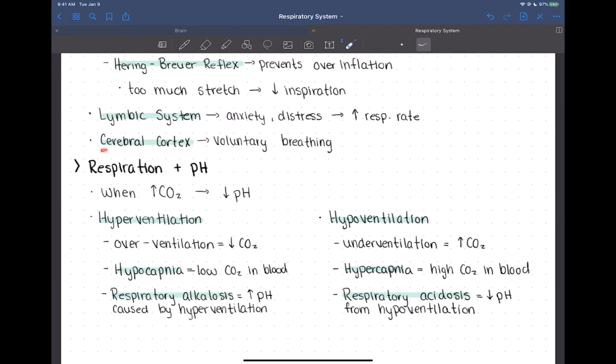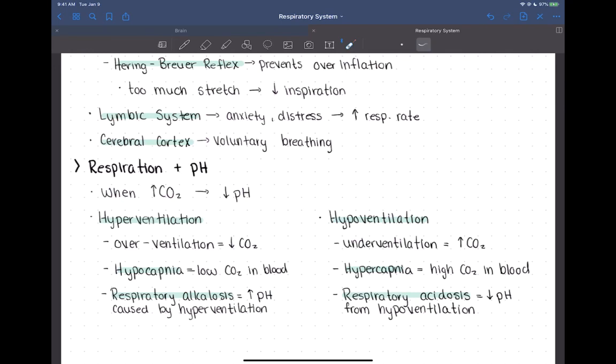Also the cerebral cortex, particularly that precentral gyrus you learned about last semester, can control breathing, because the diaphragm and your external intercostals are skeletal muscle, so you can voluntarily control breathing. The cerebral cortex can interrupt those medullary centers and take over breathing.